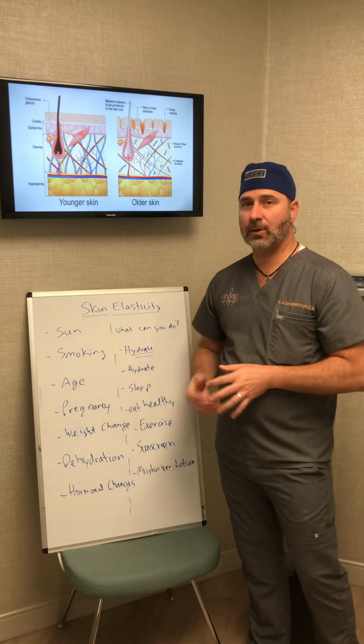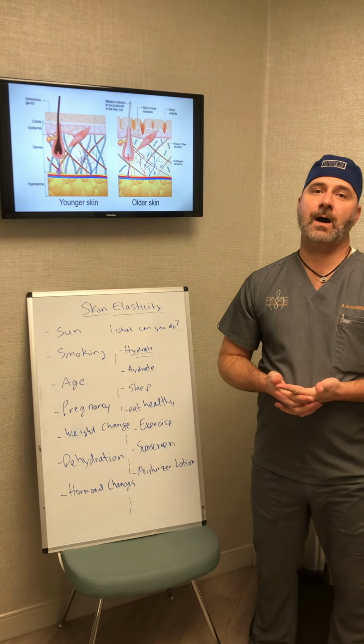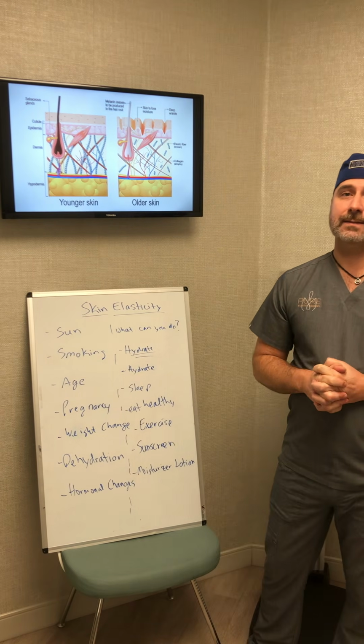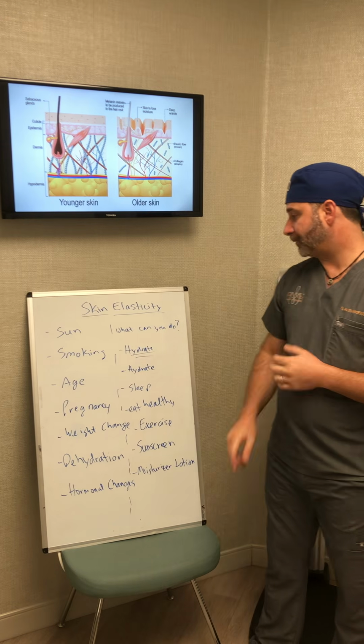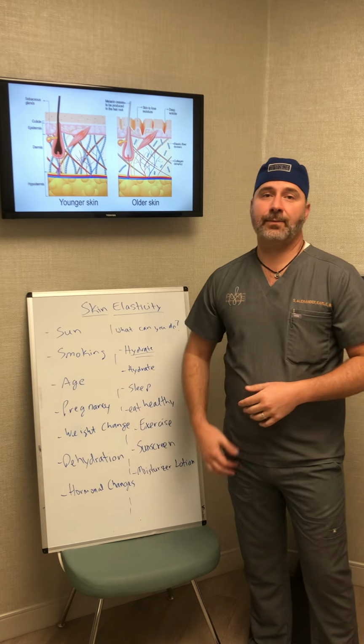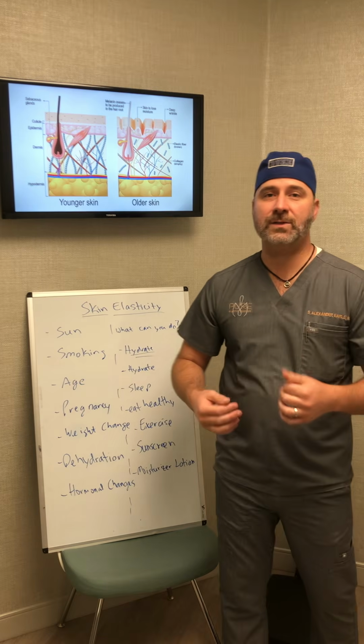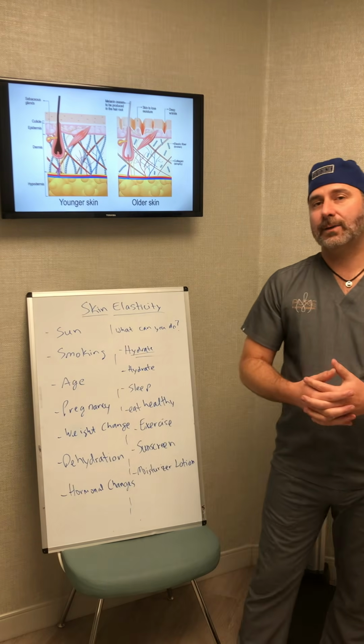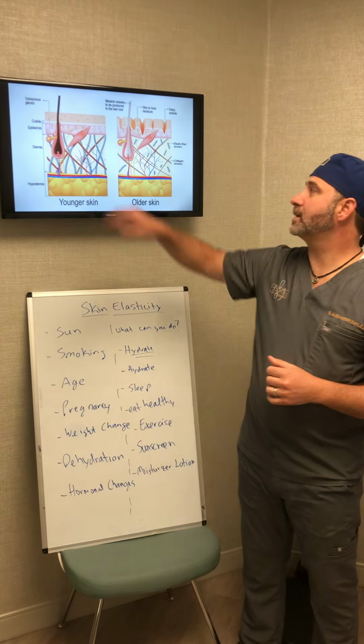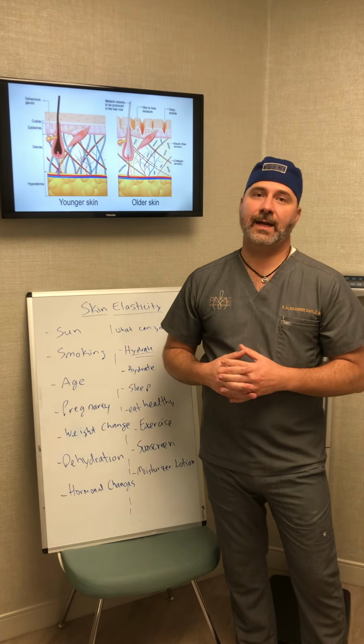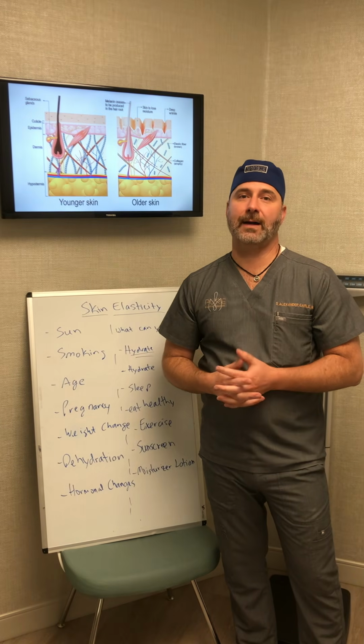Of course, age. As you get older, you lose collagen, you lose elastic fibers, and the skin becomes less elastic. Pregnancy will do that because of the stretch. Once you stretch things out, then you start breaking up some of these elastic fibers, and so it doesn't have the ability to bounce back afterwards.